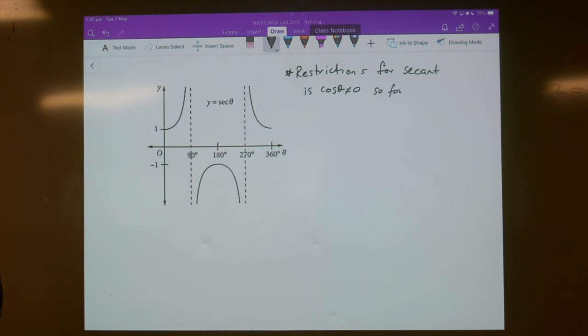So for that domain again, alright, sec theta is undefined where? Where is it undefined?